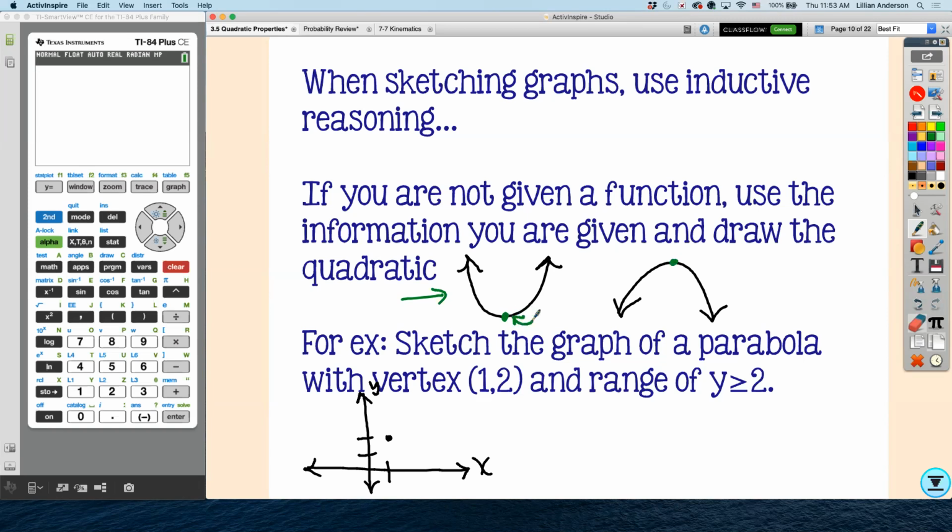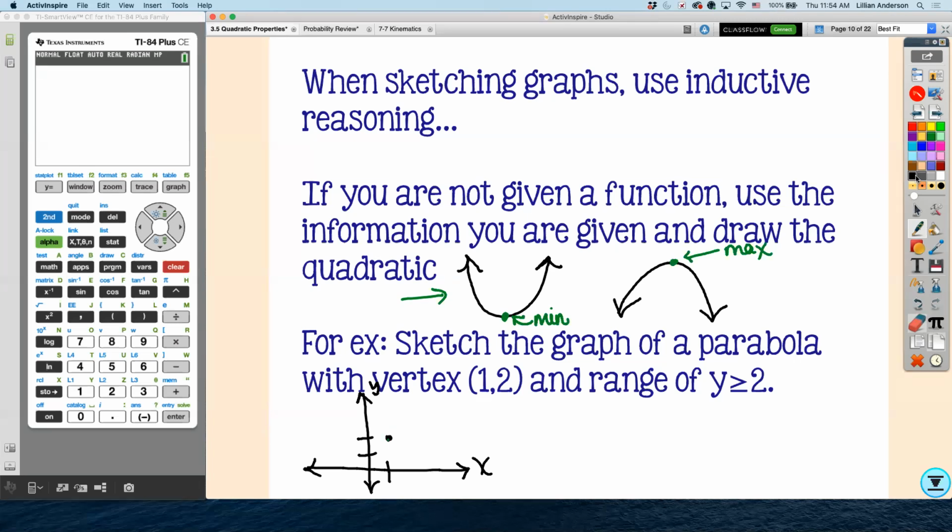This point right here is known as the vertex, but it's also known as a minimum. Why? Because that is the lowest value it can be. And this would be known as a maximum, because that's the highest the parabola can go. So now I need to determine, is this vertex point on my sketch going to be a minimum or a maximum?